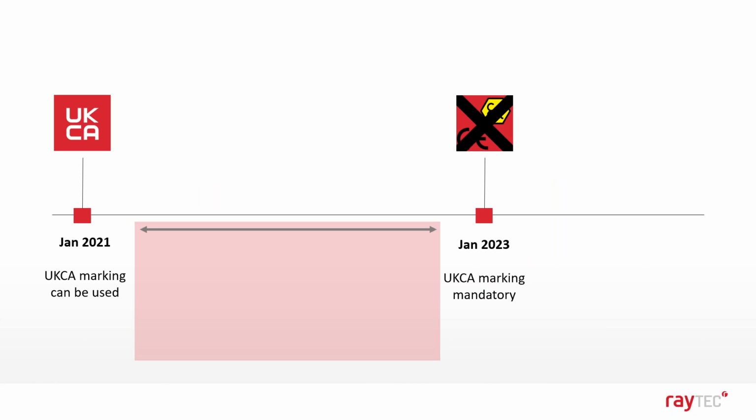My apologies. So, as a specifier, what factors should you consider during this grace period? Are you still specifying a product that is not UKCA approved? If you are, you're currently doing nothing wrong, as long as the boxes are ticked that we discussed earlier.